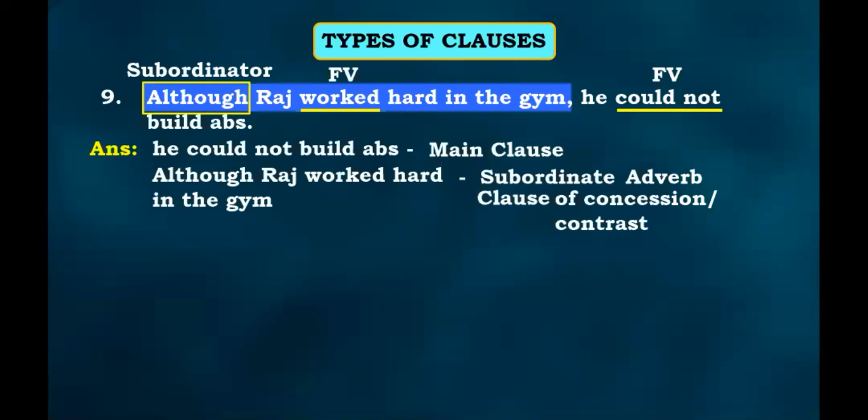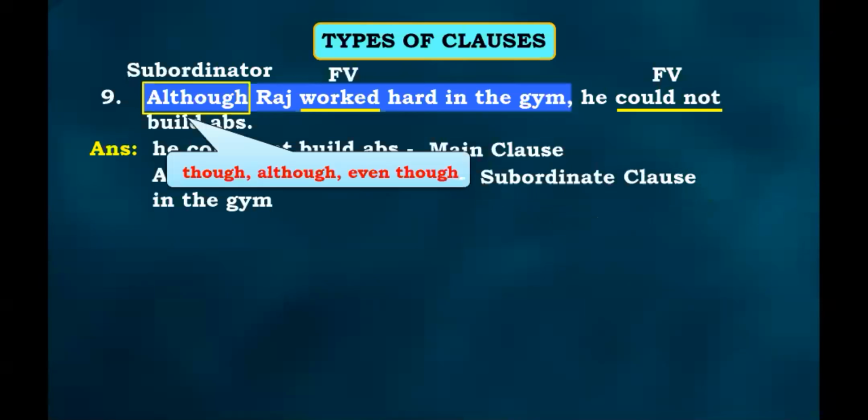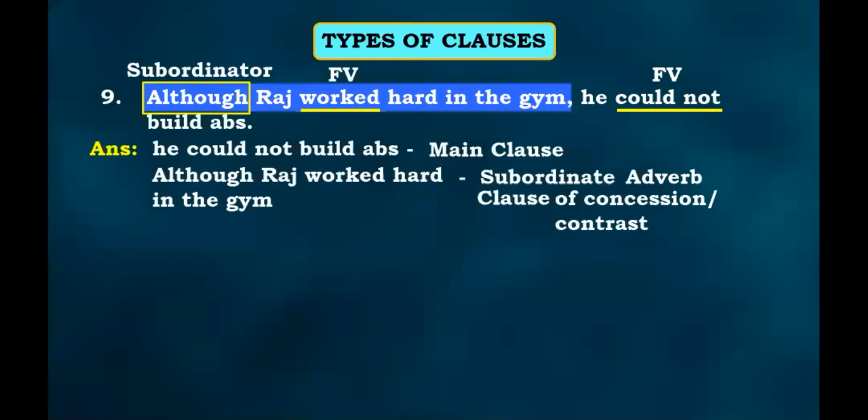It is contrasting. The two statements do not match either. There is a contrast between them. So it is concession or contrast. Very clear with that. The subordinators here are although, even though, though. Okay, all these three are your subordinators. Very clear with this. All right. The next one.